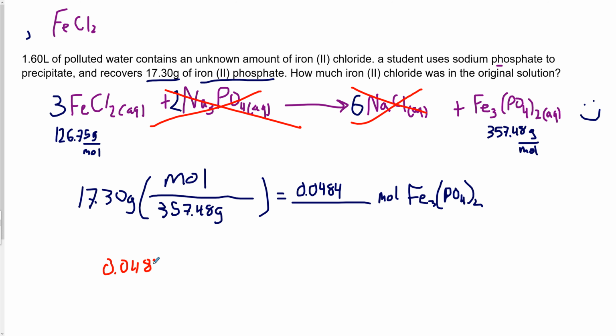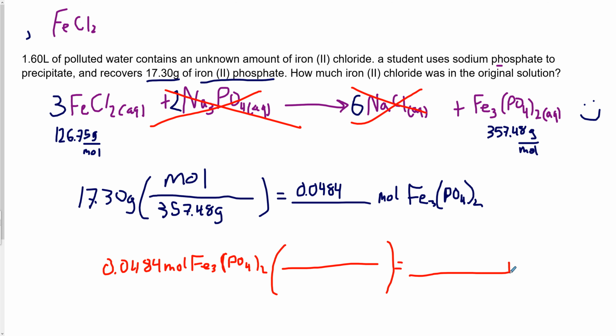And I'm even going to write the actual chemical formula, (PO4)2. I get my conversion bracket, and my answer, or this part, is going to be in moles of FeCl2, because we're going from this to this.